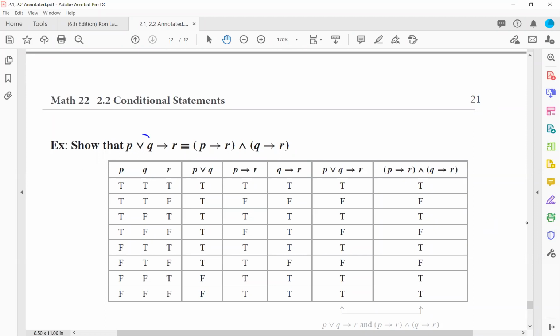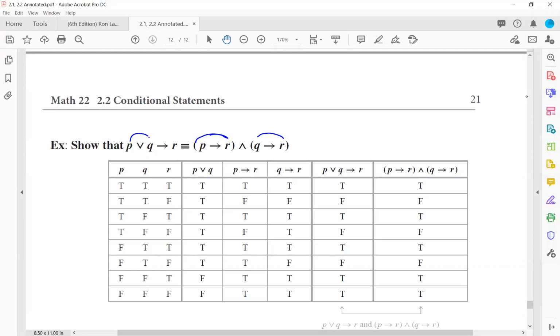You know that first you have to compute P or Q, then you have to move on to the conditional operator. And on the right-hand side, since you're separating and an implication, you have to use parentheses.